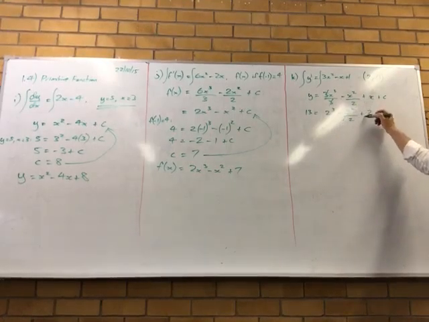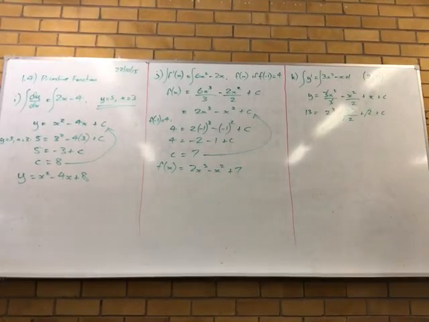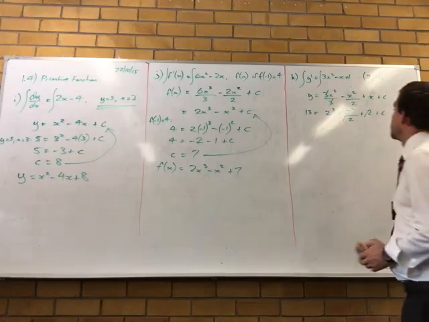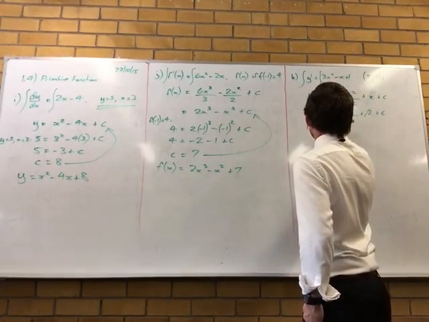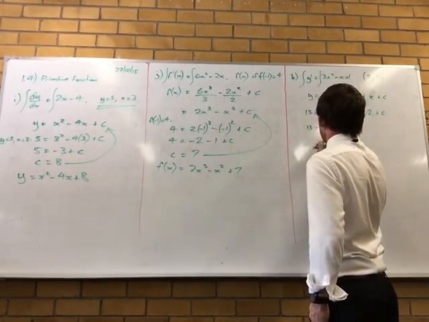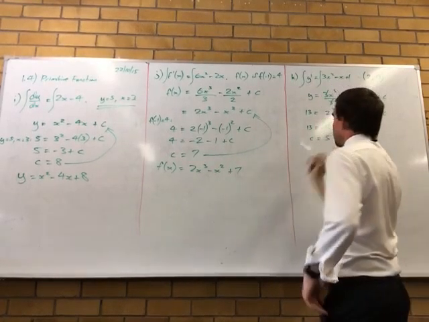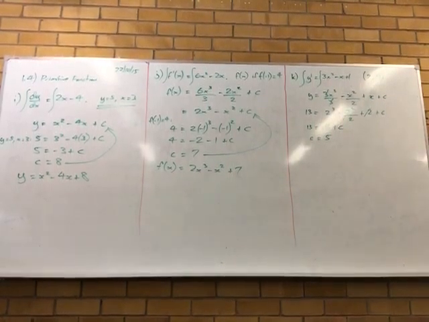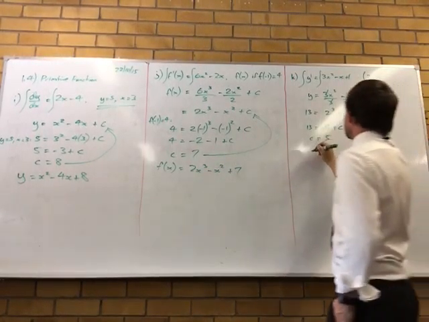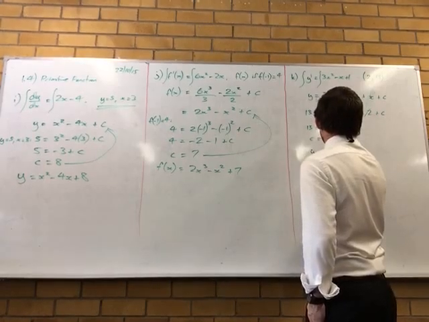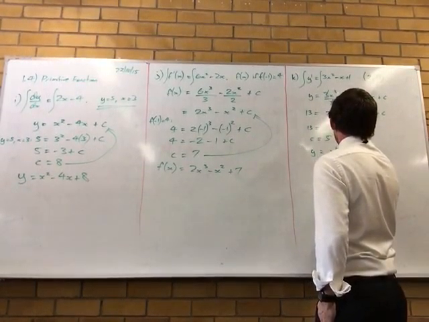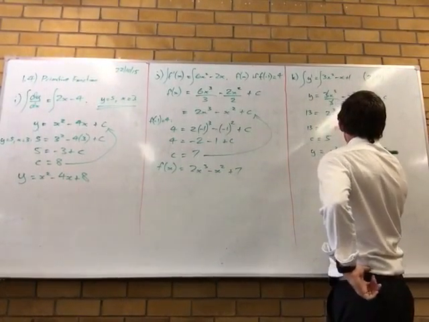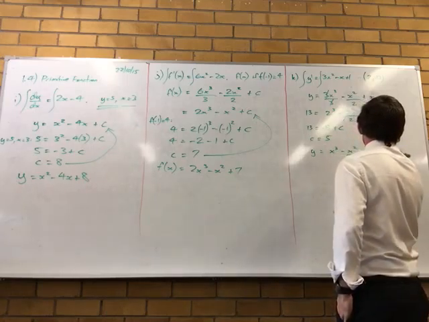So this will cancel with that. 2 cubed, so 13 is equal to 8 plus c. Solving your equation, you're going to have c equals 5. To determine the value of the constant, so y is going to be x cubed, take away x squared on 2, plus x plus 5.